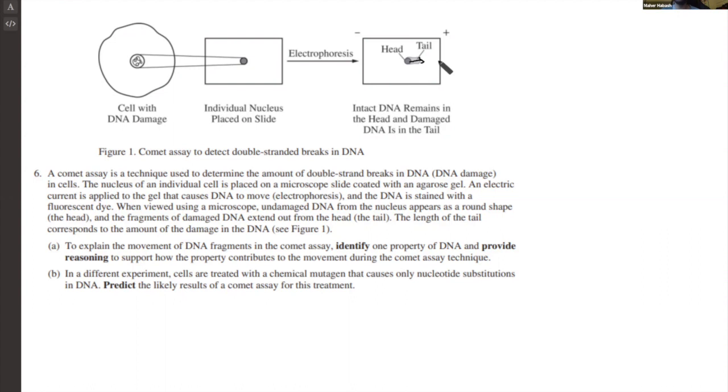So you could have either said smaller fragments would be able to travel farther, or you can state just in general why DNA is even moving that way in the first place, left to right. But then these are moving left to right a little bit slower than the smaller ones in the tail. So either or, full points across the board there.